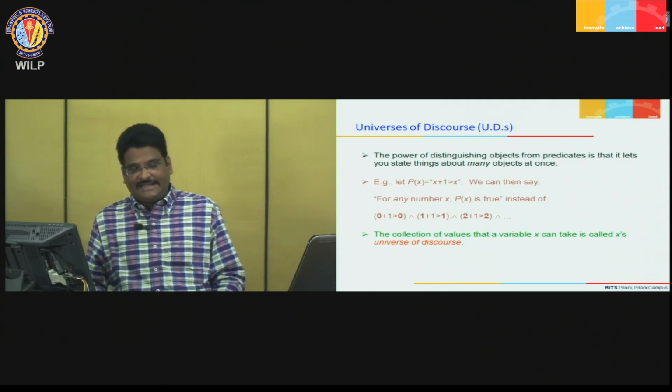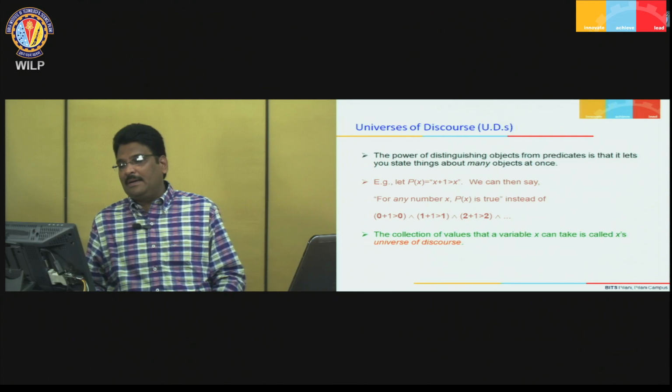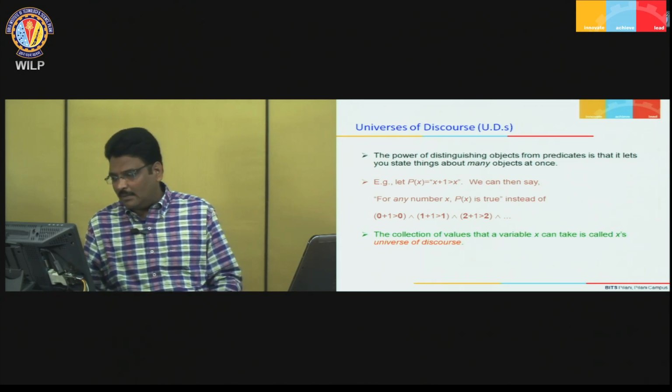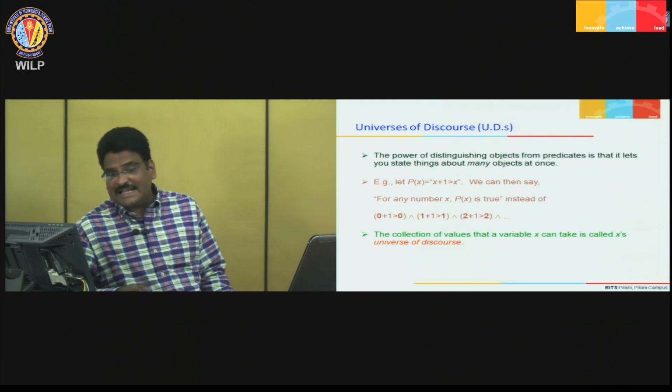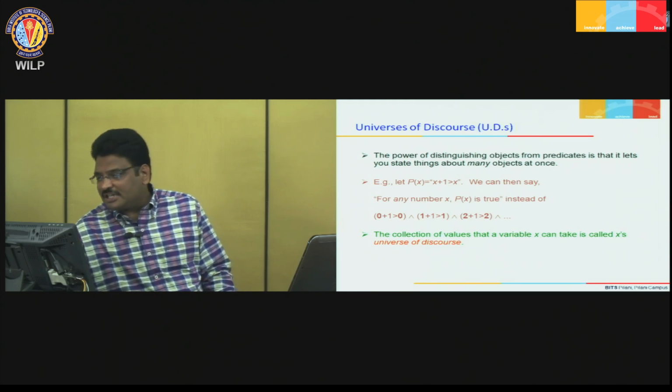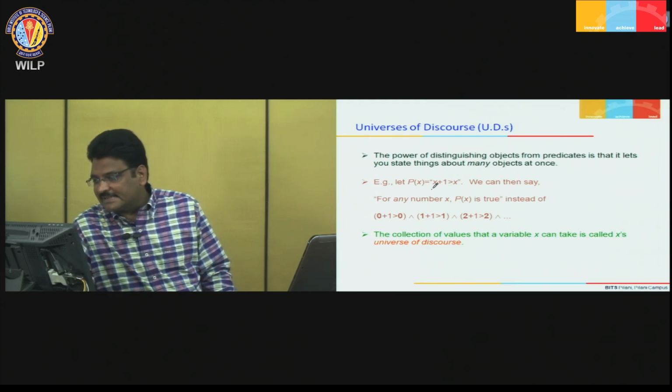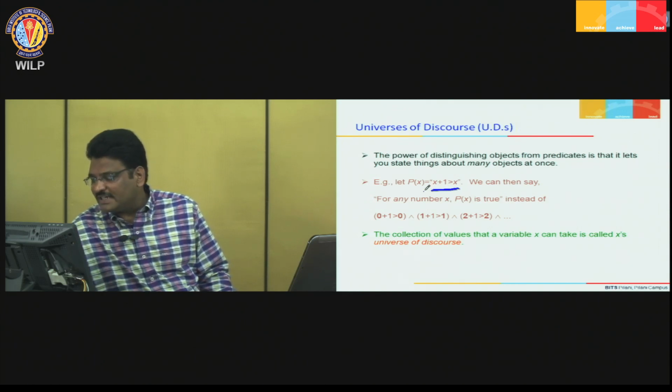We can state a fact about many objects in one go. We will take an example. Let us consider a proposition Px: x plus 1 is greater than x. This is the proposition that we are considering.